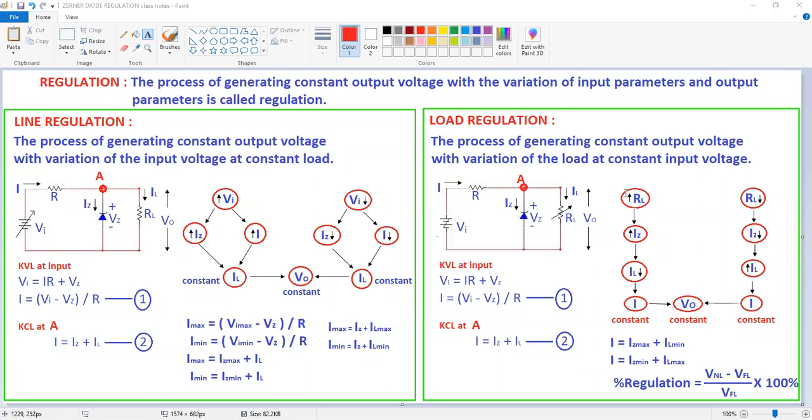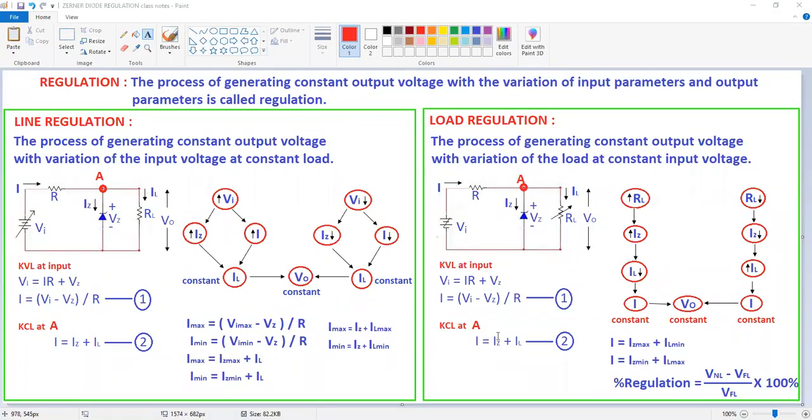When you increase the RL, IZ is going to increase. If IZ increases, what will happen to this load current from this equation? From equation 1, we are saying that I is constant. And when you increase the load resistance, IZ is increasing.